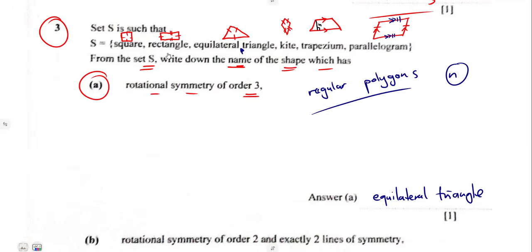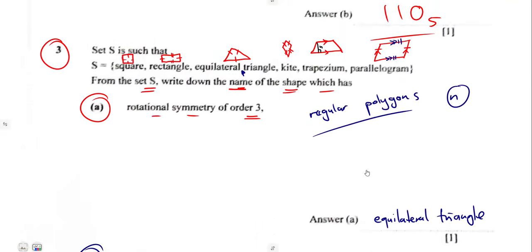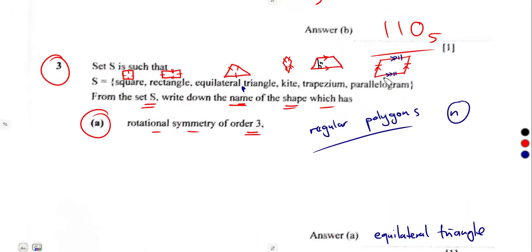Right. Is there another one that has got 3? No one. So the other one, B, rotational symmetry of order 2 and exactly 2 lines of symmetry. So take note here, exactly 2 lines of symmetry. For order 2, we can consider a parallelogram, a square, and this rectangle that we're given. But exactly 2 lines of symmetry. This parallelogram is actually going to be 1 if you consider that.